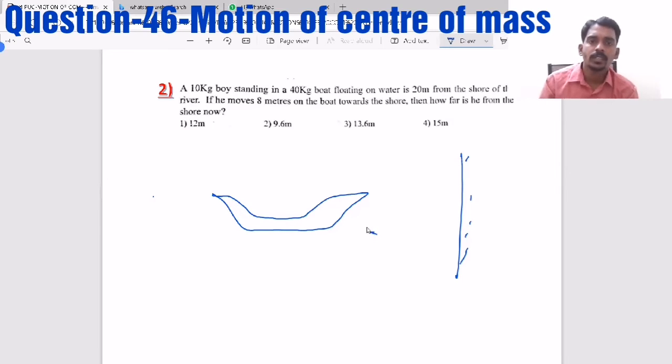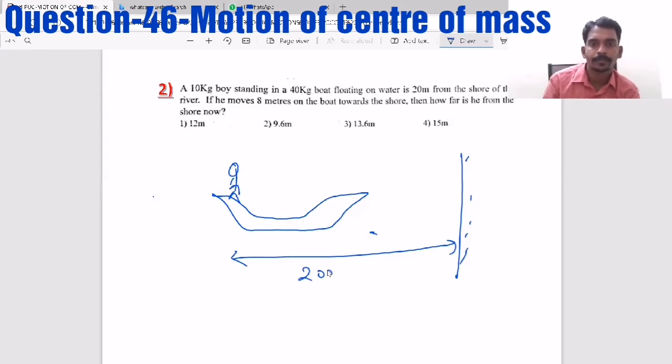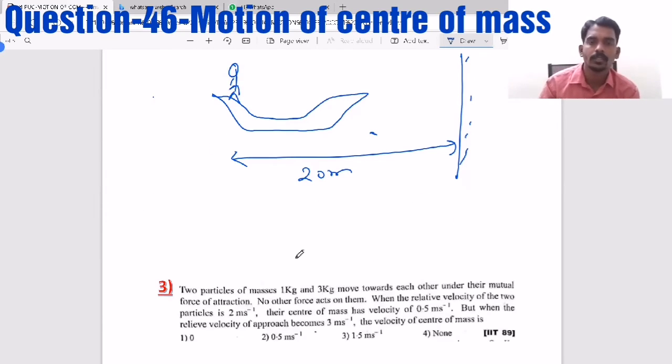If he moves 8 meters on the boat towards the shore, now he is on the boat at a distance of 20 meters from the shore. Now he moved 8 meters on the boat towards the shore. Then how far is he from the shore now?